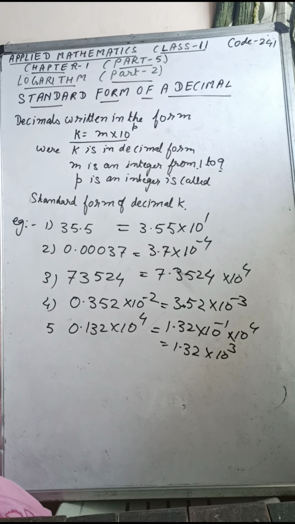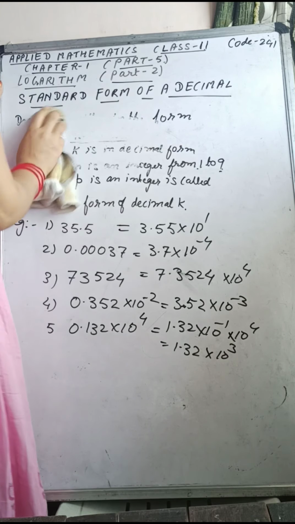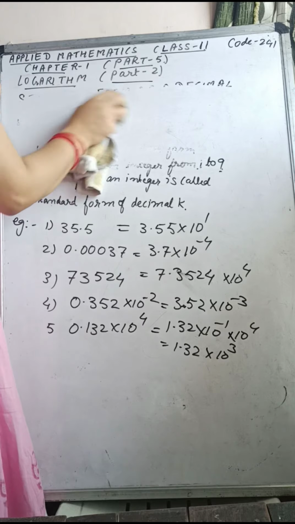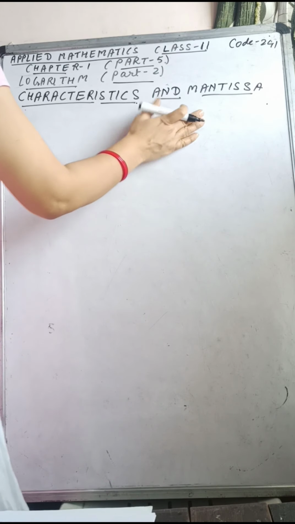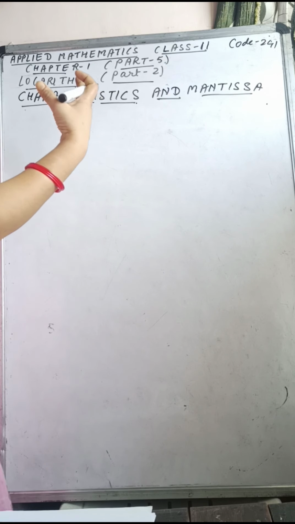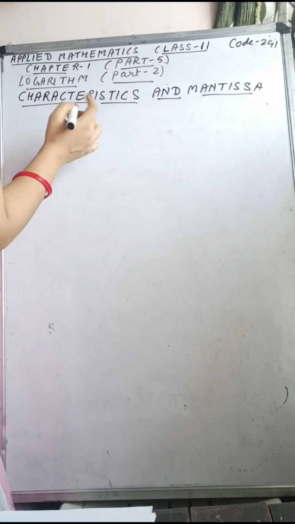So after understanding the standard form of a decimal, let us understand what is characteristic and mantissa. To understand characteristic and mantissa, let us proceed from the known fact, that is standard form of a decimal.